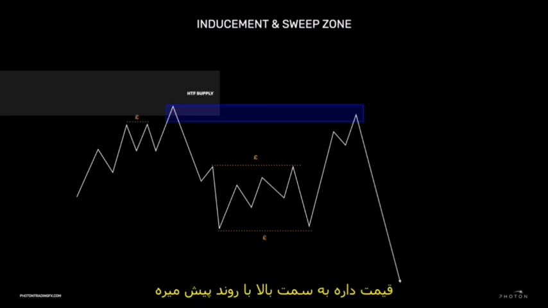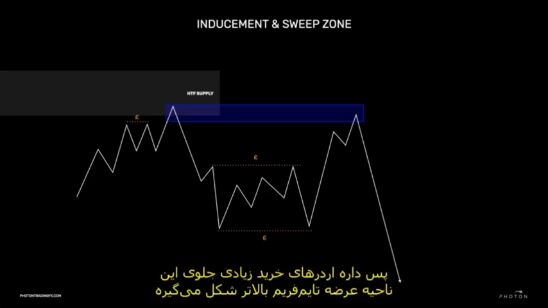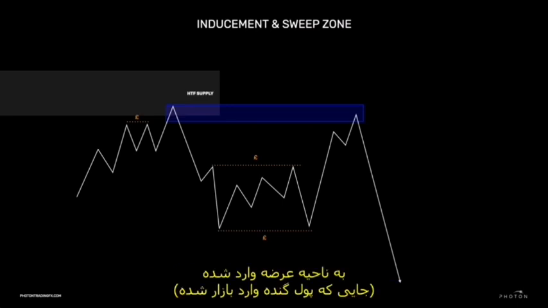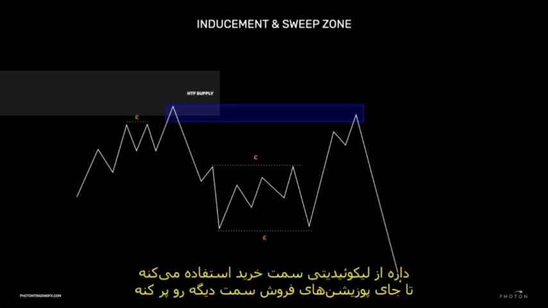So price is trending to the upside, right? It then starts to build liquidity. In this case, buy side liquidity is building up above those relatively equal highs. So there are a lot of buy orders building up just in front of that higher time frame supply zone. Price then sweeps those highs and taps into the supply zone, where the big money is then triggered into the market, utilizing that buy side liquidity to take the other side of their sell position.